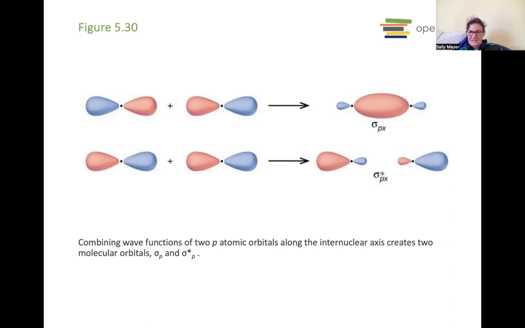When you add those together, you get a region in between where you have 0 probability because of destructive interference. And so you would get what's called a sigma star, an anti-bonding orbital. You don't have glue between the nuclei. You have a region of 0 probability.